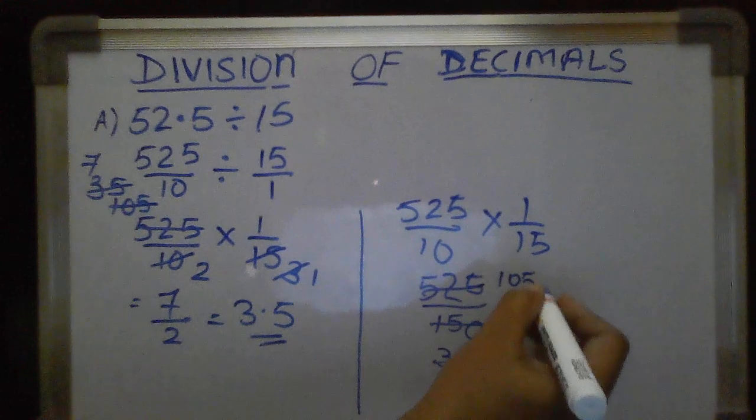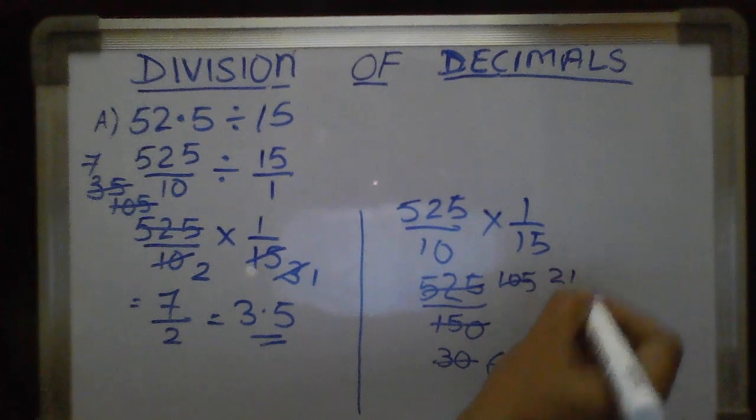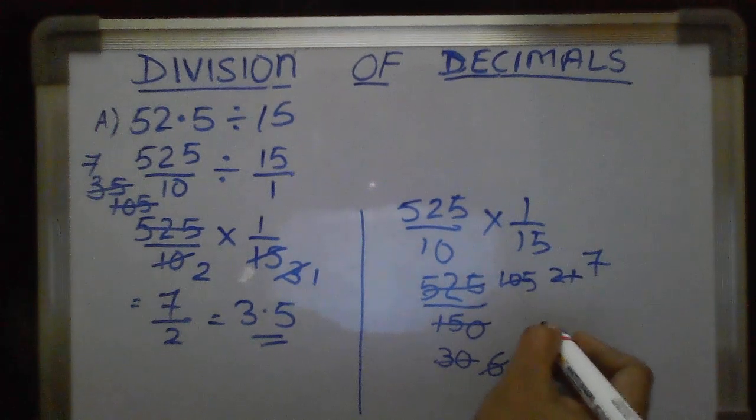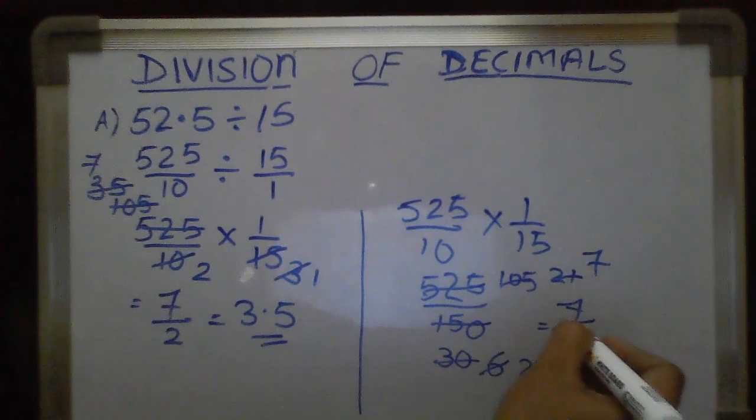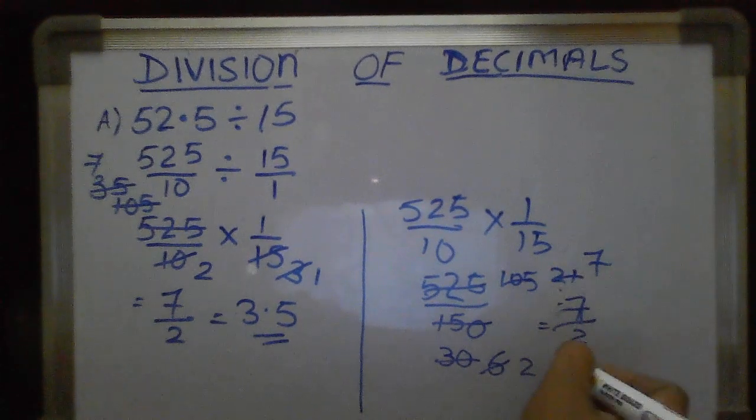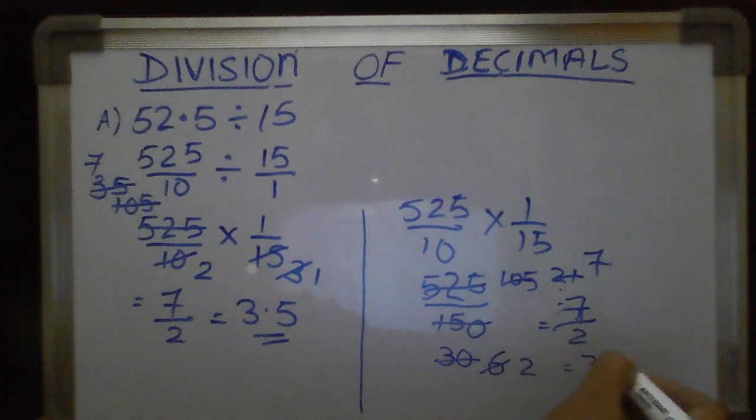Again 5 sixes are 30, 5 twos are 10, 5 ones are 5, 3 twos are 6, 3 sevens are 21. So you get 7 by 2, which when you simplify you get 3.5.